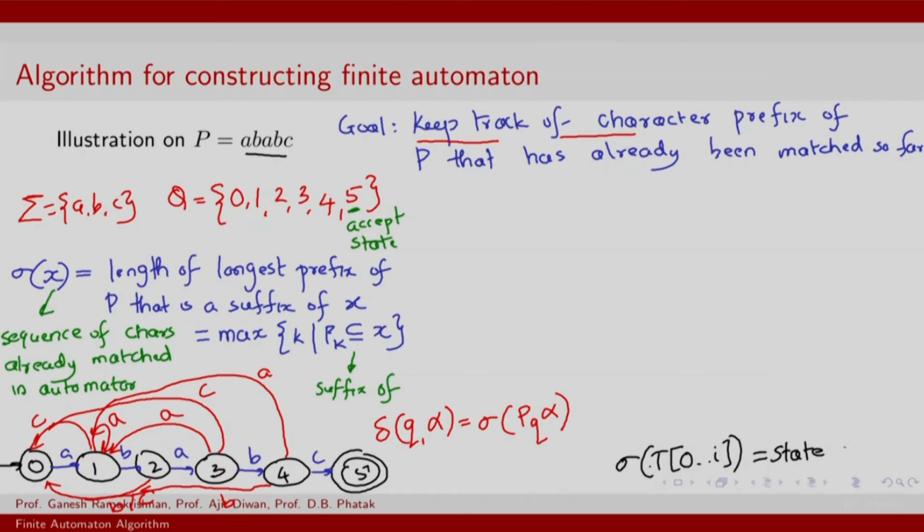This should be the state after I see i. This is the basic idea after seeing the first i positions. And here is the algorithm that will help you maintain this invariant.